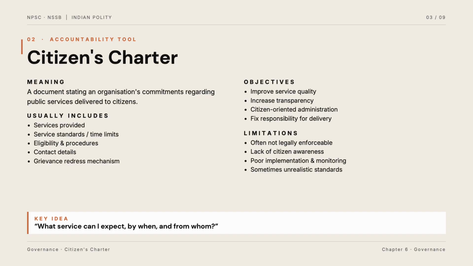We also have a citizens charter on the DMC website as well. They will show all the services provided, the eligibility and procedures, and contact details, and whatever grievance you have, the mechanism to redress your grievance will also be mentioned.